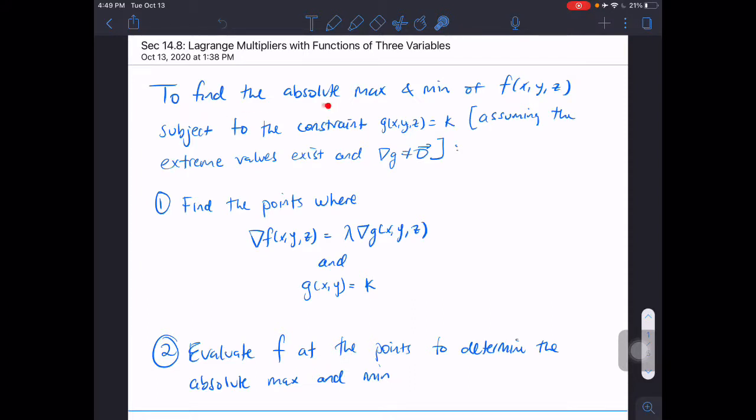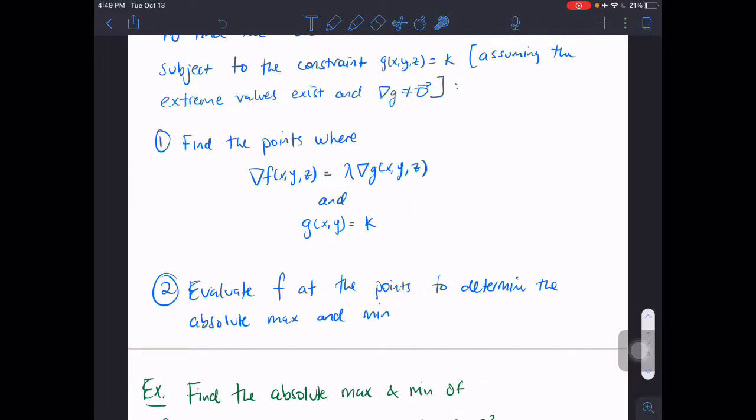To find an absolute max and min of a function of three variables subject to some constraint, which is now the equation of a level surface, and assuming that these extreme values do exist, in order to use the Lagrange multiplier method we don't want the gradient of g to be 0.